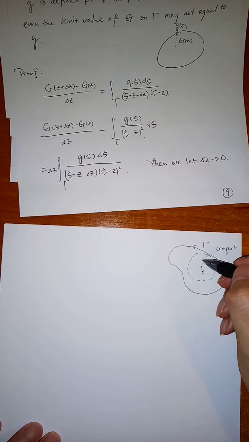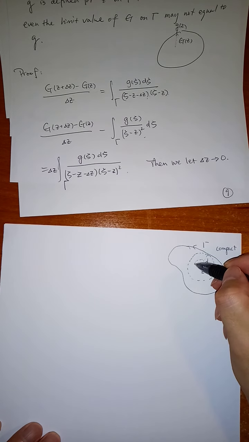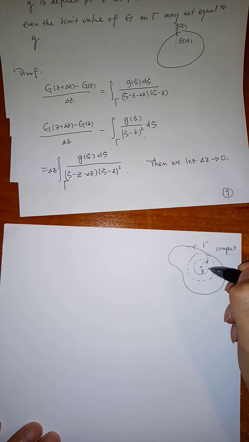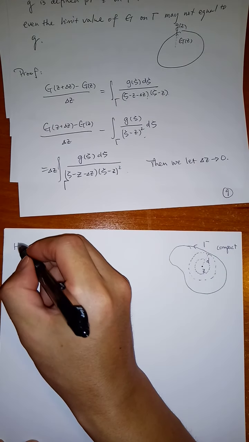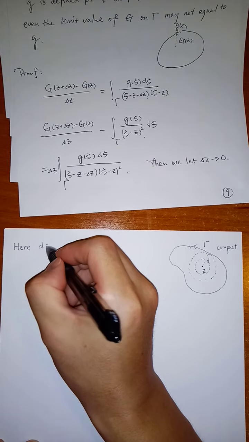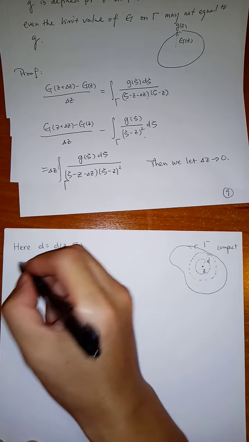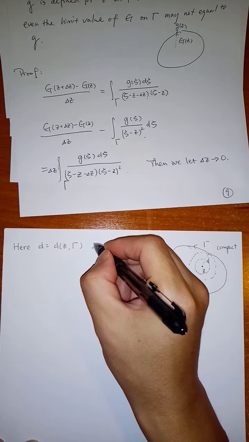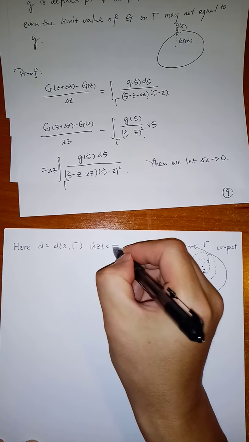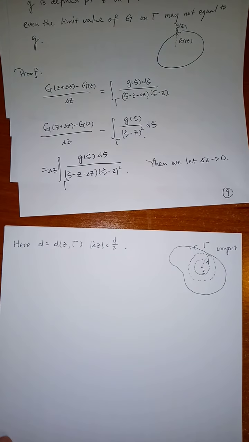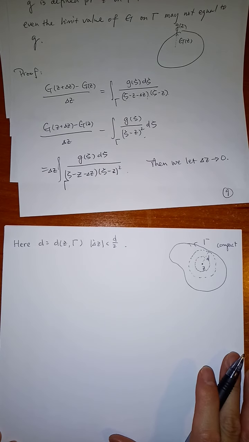And delta z should be very small. Remember, delta z will approach 0, so we assume delta z is less than 1/2 of d, so we want them small enough.